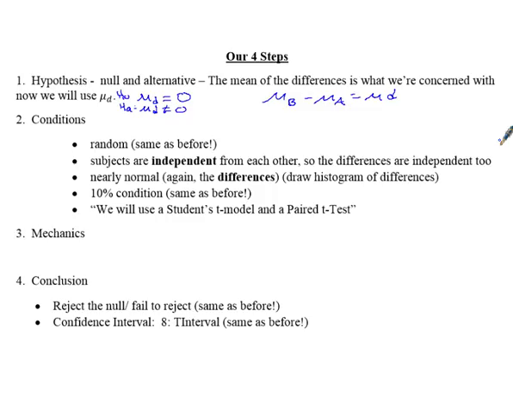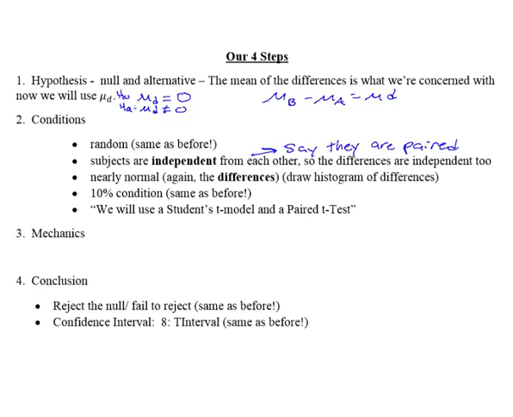The conditions. The random condition is the same as before. The independence condition doesn't really exist. We can say that the subjects are independent of each other, therefore the differences are also independent. You should specify and say that they are paired, that the data we have listed is paired, therefore we can say the differences are independent, something along those lines.